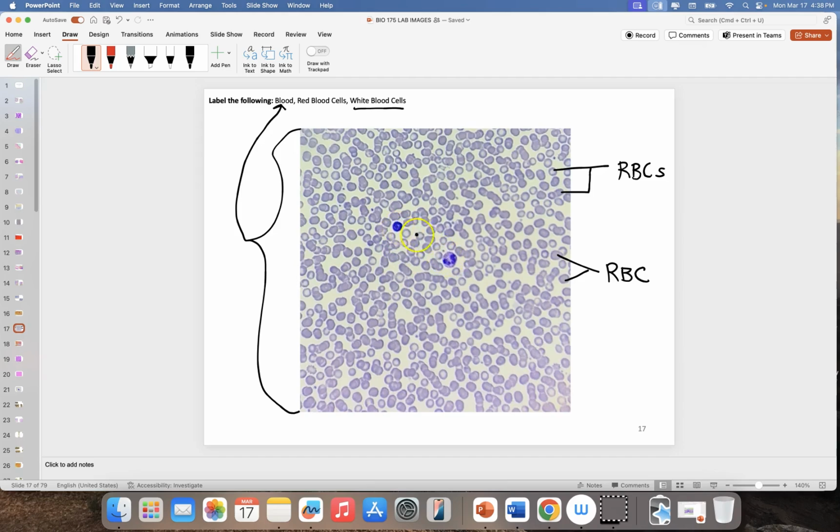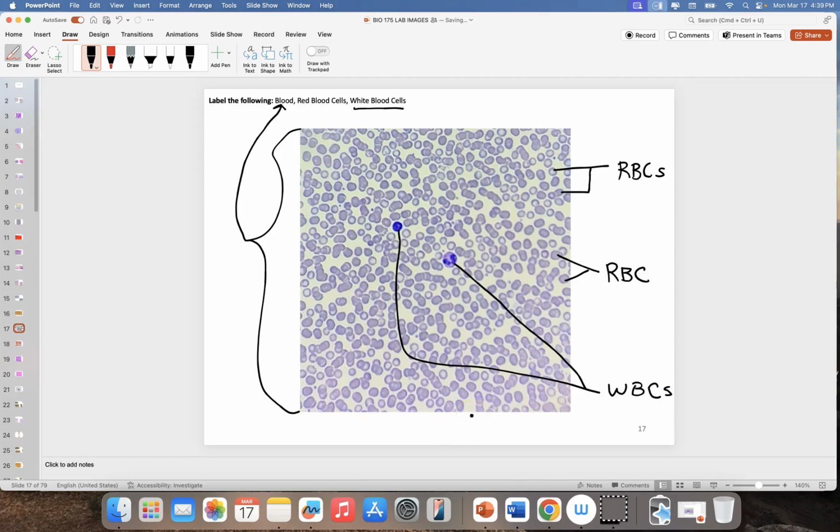So you can see that each of these cells has a nucleus. And even though it does look different, they're both classified as white blood cells, just different types of white blood cells. I'll go ahead and draw some arrows to those, and I'm just going to use WBCs for white blood cells.